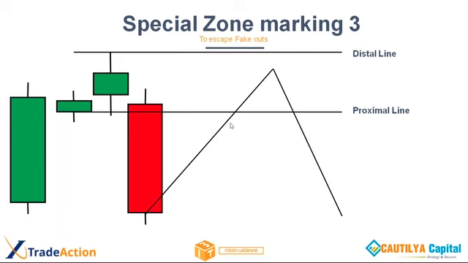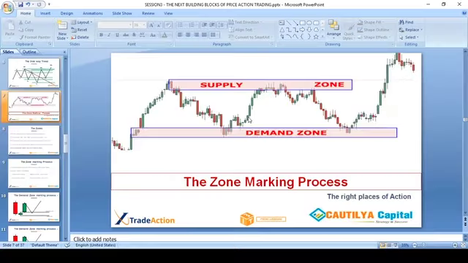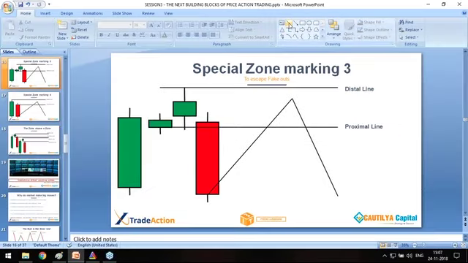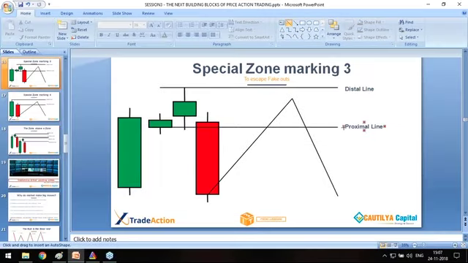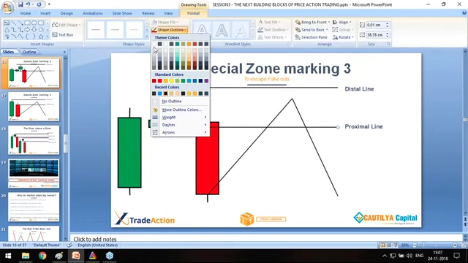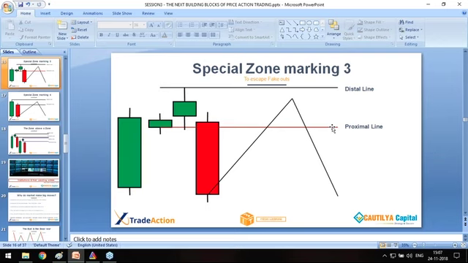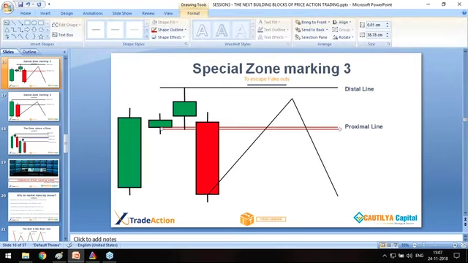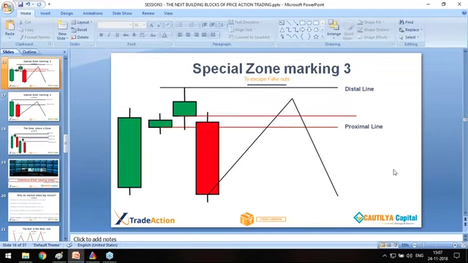Friends, now understand this interesting topic. Okay, this is very, very critical. Now let's talk about the proximal line. Let's take this proximal line. This is your proximal line of entry. For example, this proximal line can also be this one. Any arguments there? Why did I take that as a proximal line?